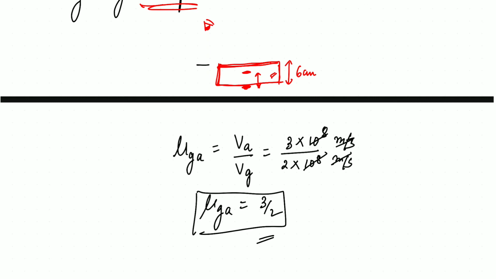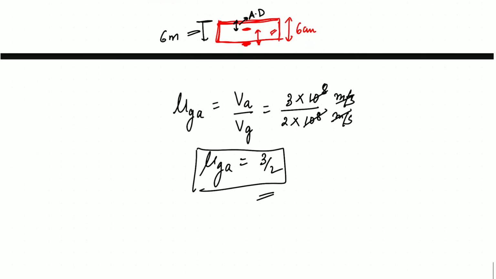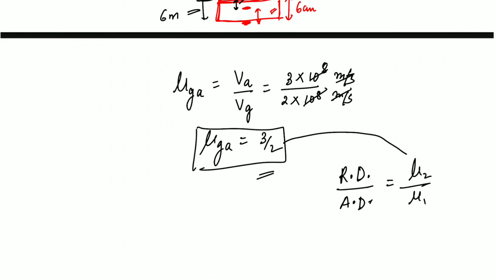Now you guys can see real depth is actually 6 centimeter, right? Apparent depth is something which we can find out. So basically I can use the formula real depth upon apparent depth is equal to nu 2 upon nu 1, right? So nu 2 is the refractive index of glass with respect to air, and nu 1 is the refractive index of air.